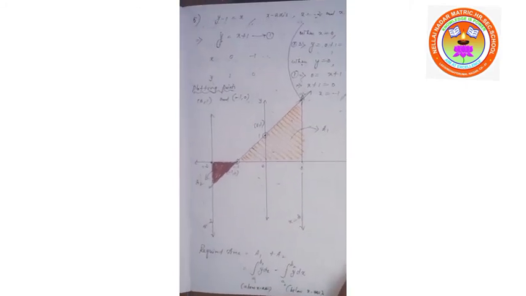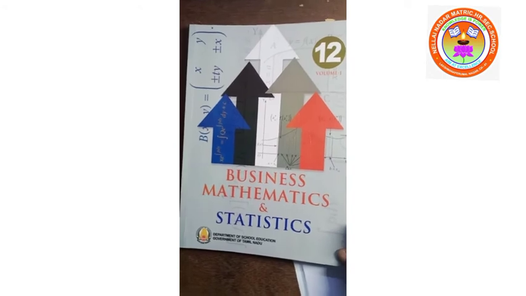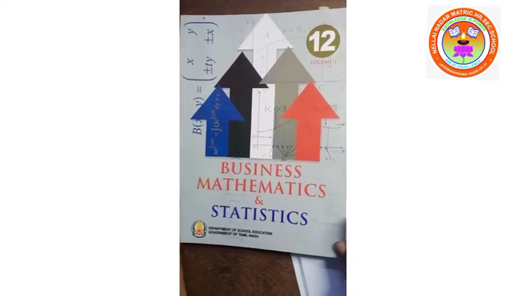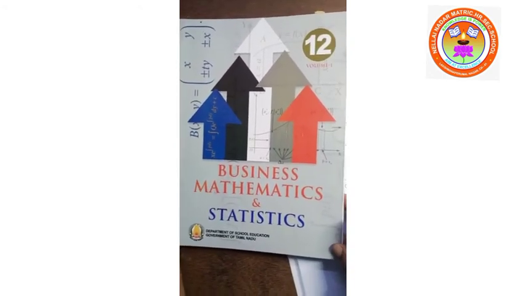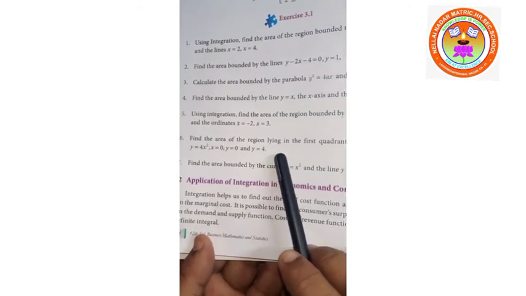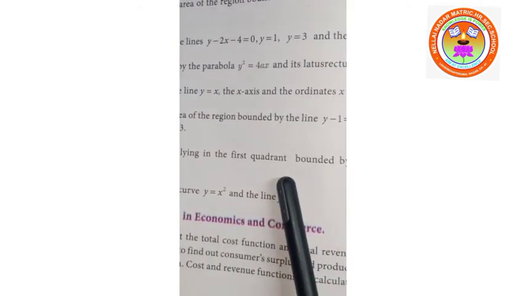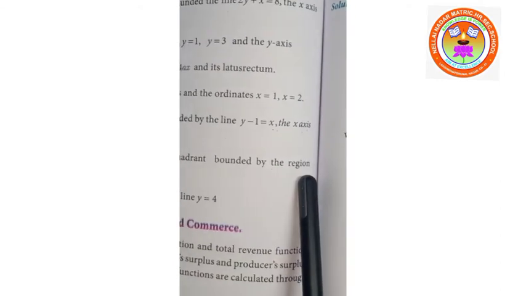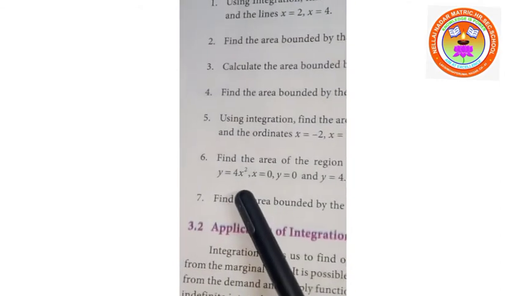Thank you, children. Hi students, this is Sivakumar, 12th standard business mathematics and statistics, chapter number 3, continuation of exercise 3.1. Now problem number 6. Find the area of the region lying in the first quadrant bounded by the curve y equals 4x squared, x equals 0, y equals 0 and y equals 4.